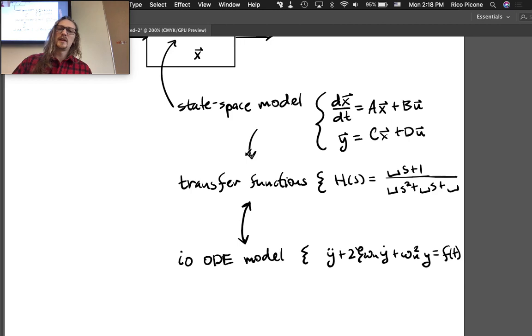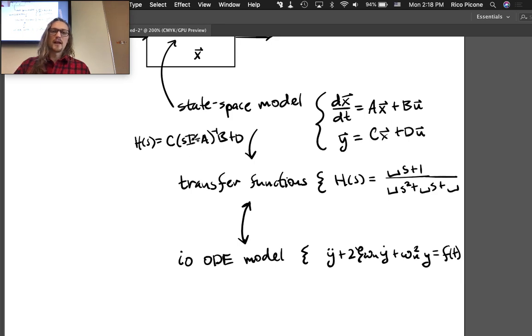Remember, the way that we did this transformation was that H of s equals C times (sI minus A) inverse B plus D. So these are matrix operations, right?